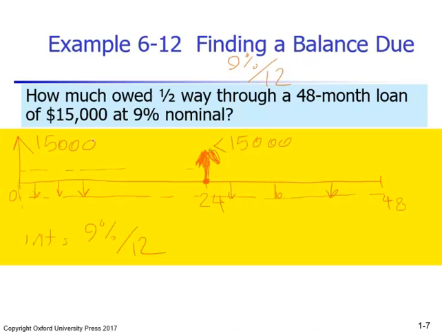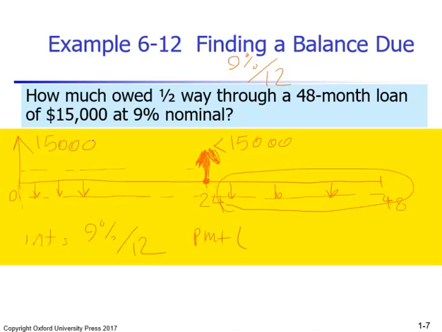So what you need to do is just to calculate the present value of all these payments that you have in the following 24 months. That's it. So just go and calculate these payments. How are you going to calculate them?